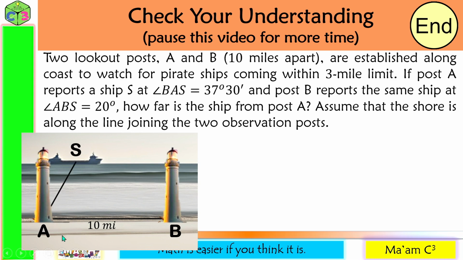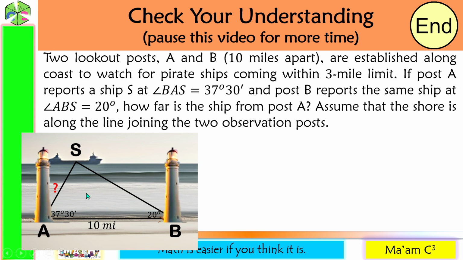And here is the angle 37 degrees, 30 minutes. Post B reports the same ship, this time at angle ABS. Let us create a line here. And this is angle 20 degrees. How far is the ship from post A? So we are looking for this distance.